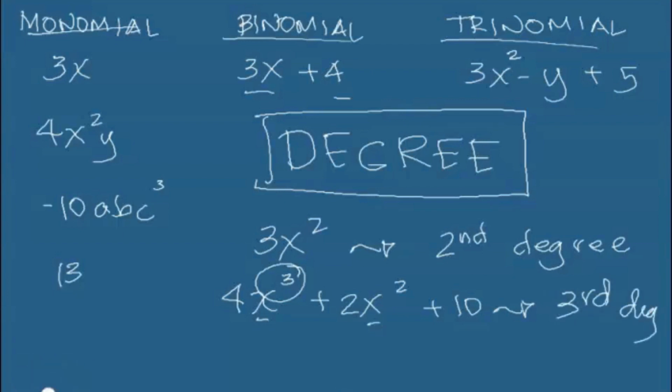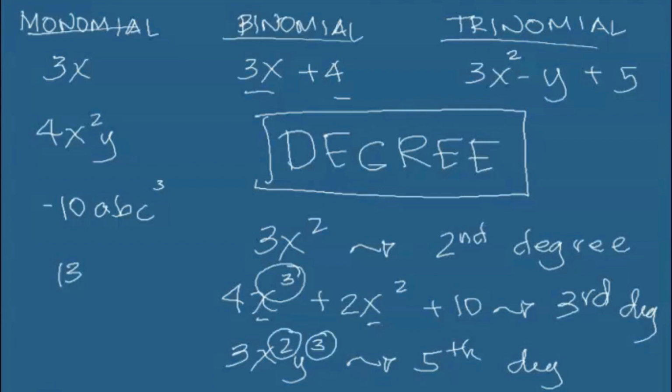Now, if we have a polynomial with more than one variable, then what we do to get the degree is to add the exponents of the variables. So for example, we have 3x squared y cubed. So the degree of this polynomial is the fifth degree because we add 2 and 3.